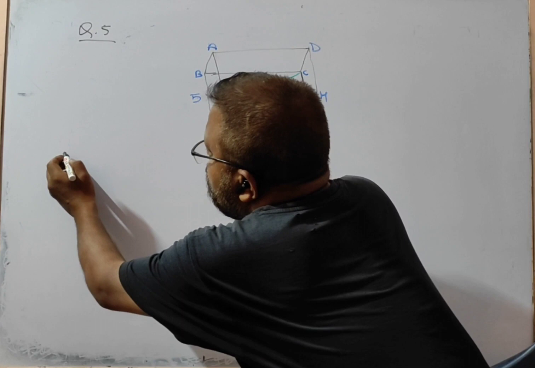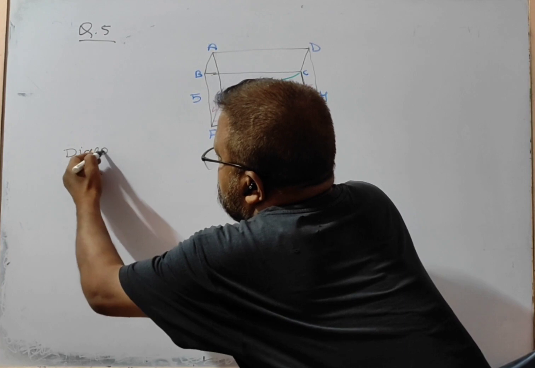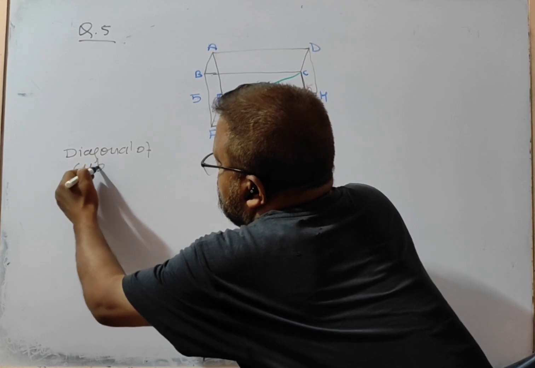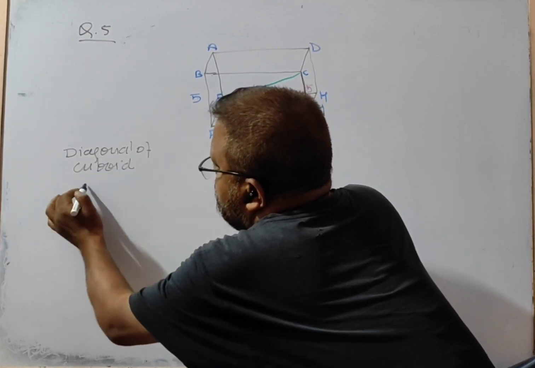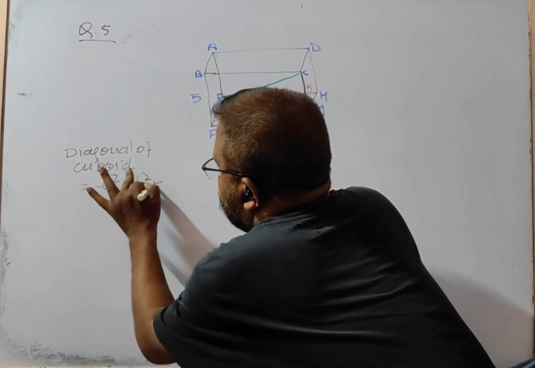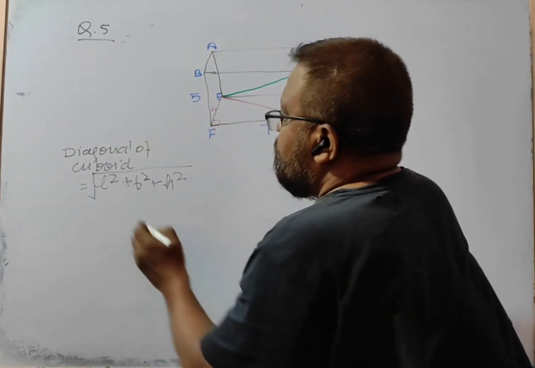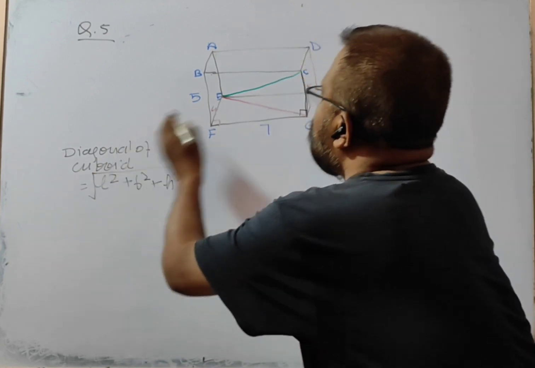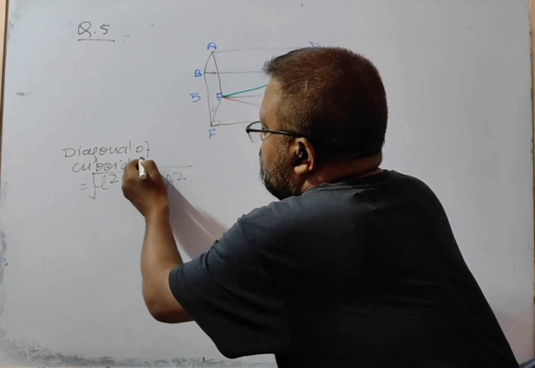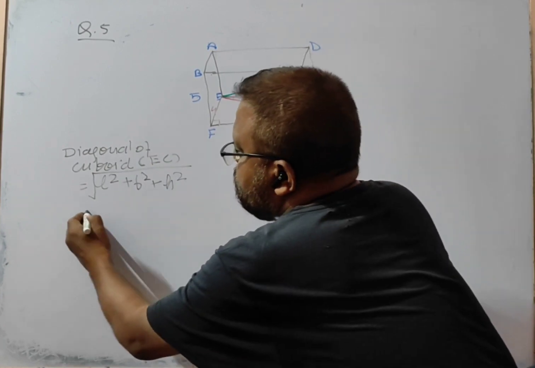So diagonal of a cuboid is equal to square root of L square plus B square plus H square, right? So that is the diagonal of the cuboid. So EC is equal to the diagonal of the cuboid. So for that we use the square root.